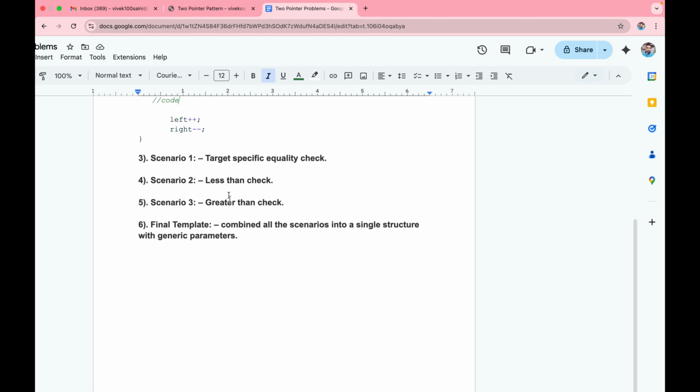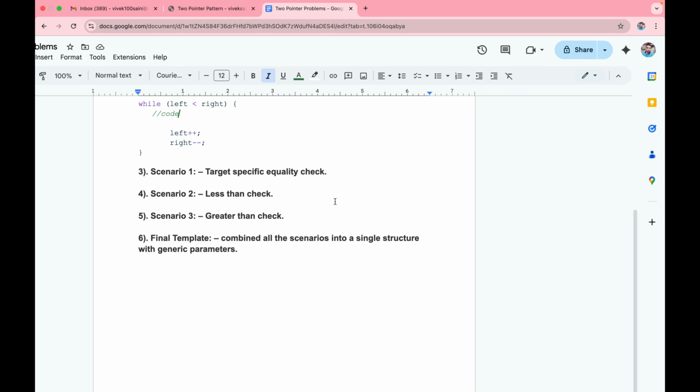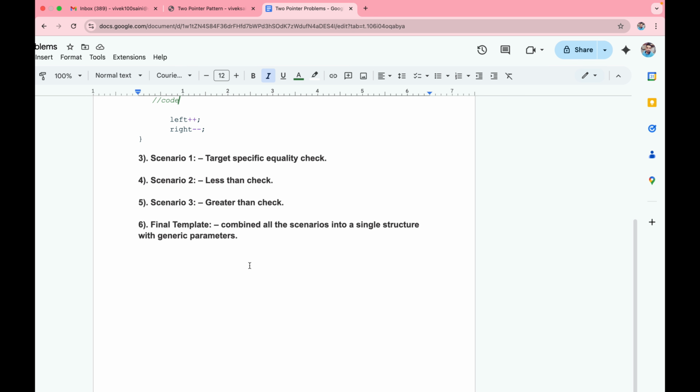We will combine all the scenarios into a single structure. If we have any hard-coded parameters, we will remove them and use generic or dynamic parameters instead. That final structure, the final template, will help us solve our two pointers related problems.